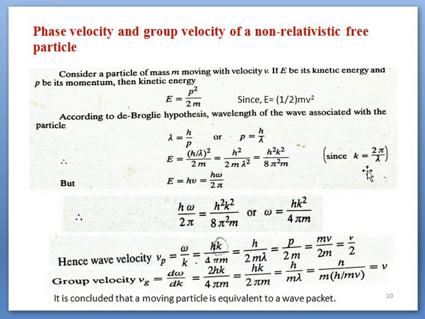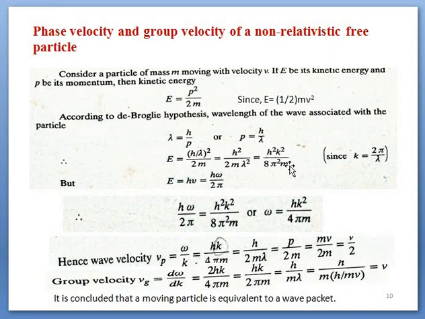Lambda equals 2 pi upon k, so lambda square gives 4 pi square upon k square, and multiplying 4 with 2, we have 8 pi square m in this equation.